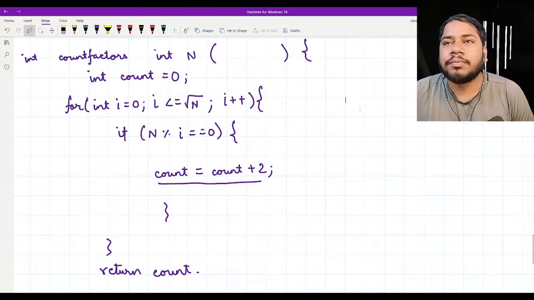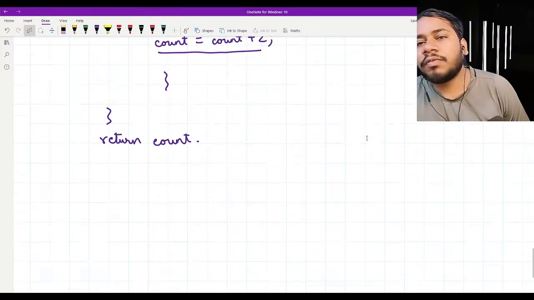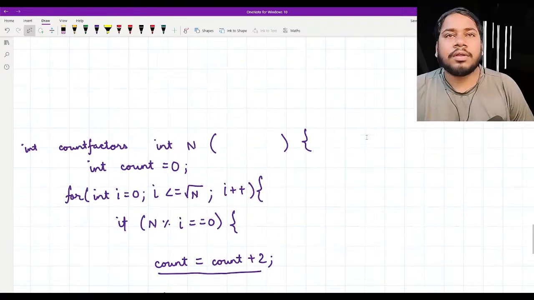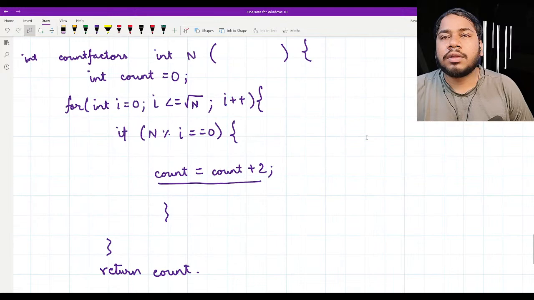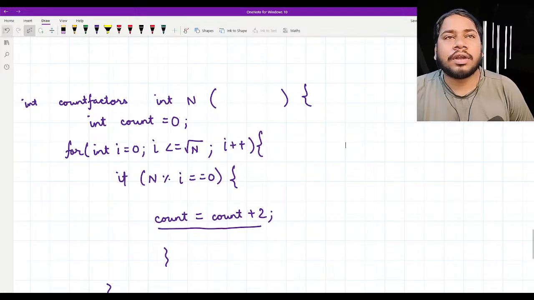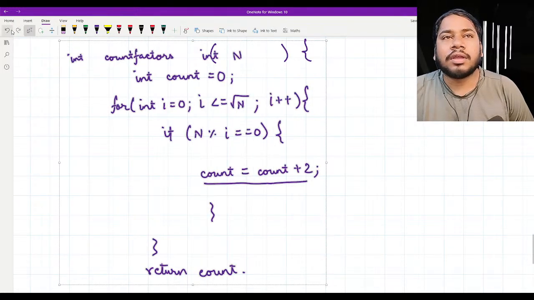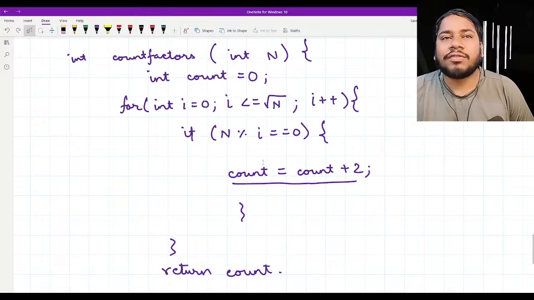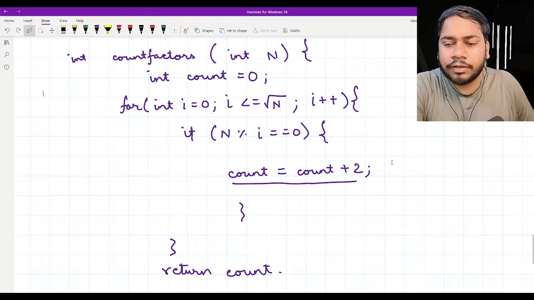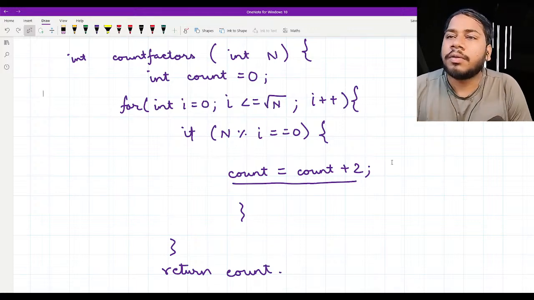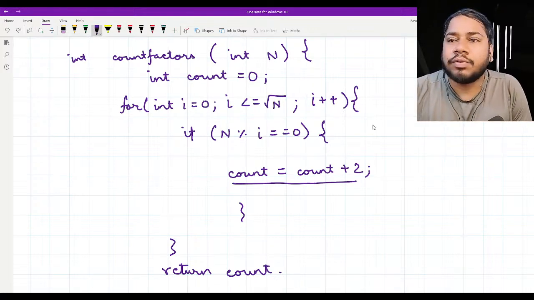Seems correct, right? No, it's not correct, guys. Okay, let's move it here. That's okay, we will use it only. So let's do the dry run.